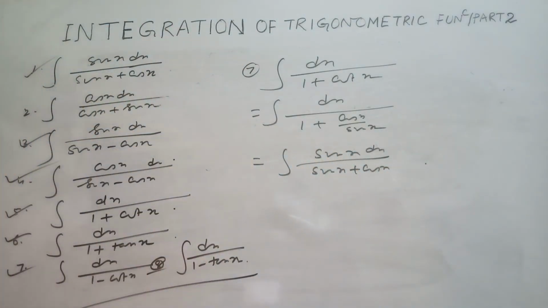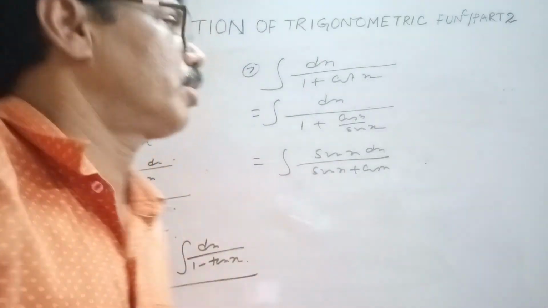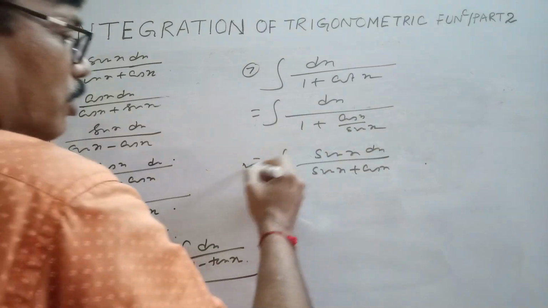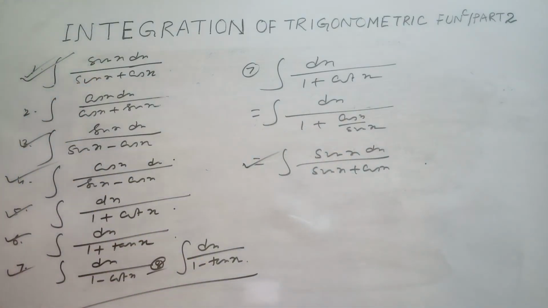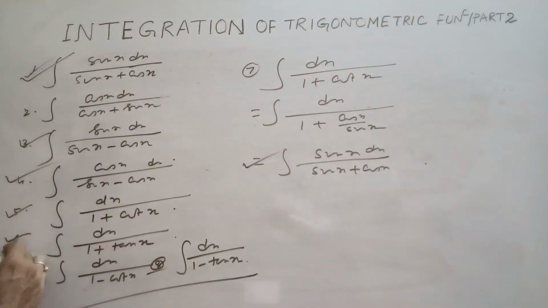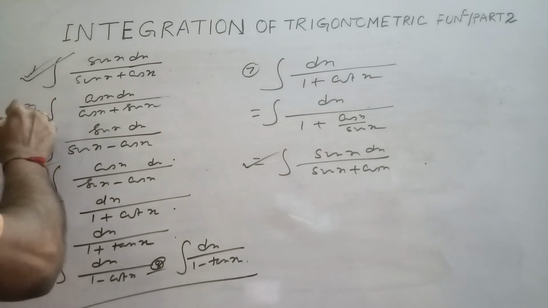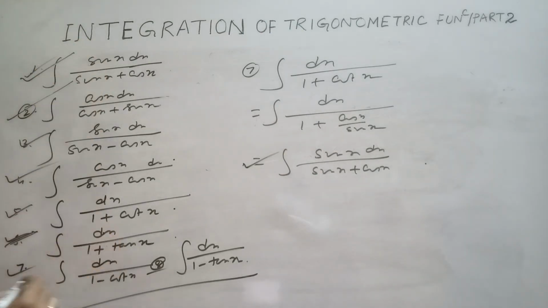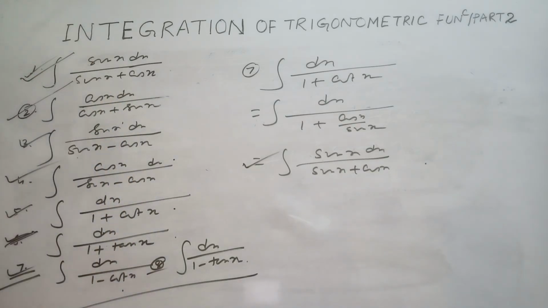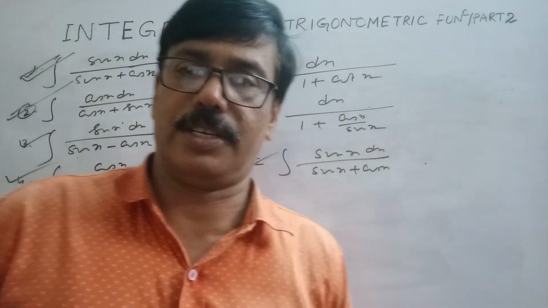So look, this is of case number 1. I have already solved this one. So only two problems, 1 and 2, are sufficient. If you consider 1 plus tan x, it will be problem number 2. If you consider 1 minus cot x, this is sin x by sin x minus cos x. So only problems number 1 and 2 are needed.